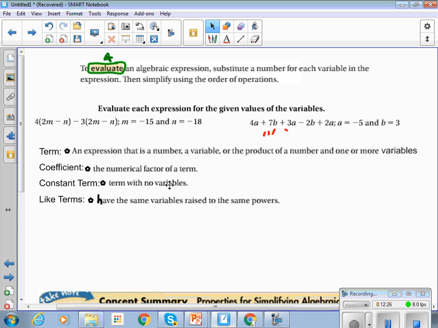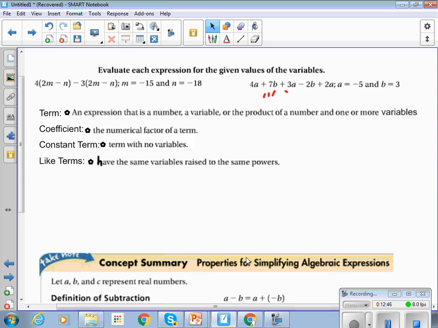Constant term, term with no variables, it's just the number, that's a constant. Like terms, they have the same variables raised to the same powers. They don't have the same power, so x squared and x cubed are not like terms.